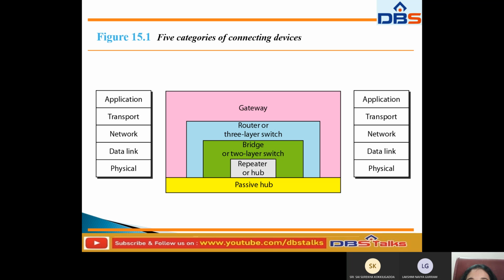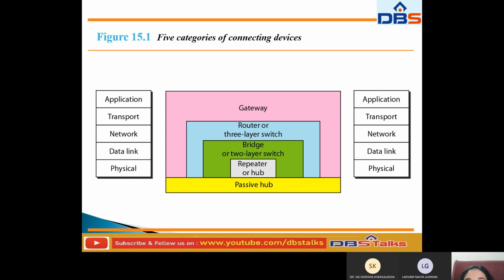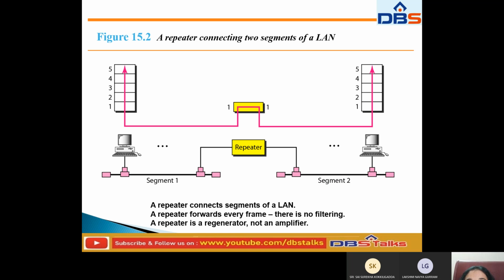That is gateway, router or 3-layer switch, bridge or 2-layer switch, repeater or passive hub. On either side we have some applications based on the layer we operate in a network. So these are the main five categories of connecting devices.